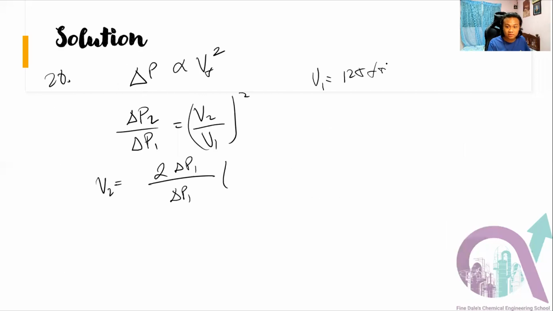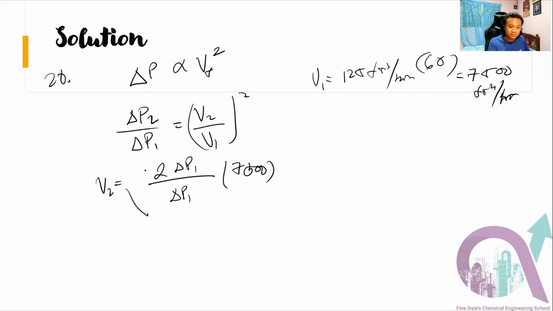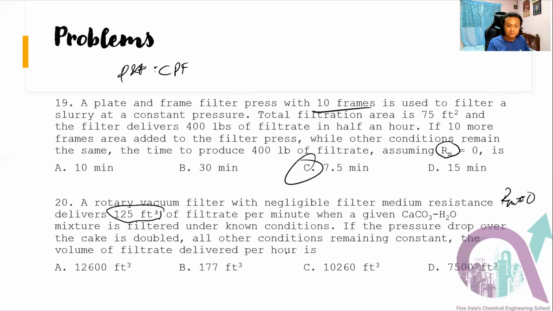Just convert that to per hour, times 60, so you have 7,500 cubic feet per hour. Put that here, and do not forget to get the square root of this. So you will have 10,007, squared also, per hour. Yeah, that is near letter C.